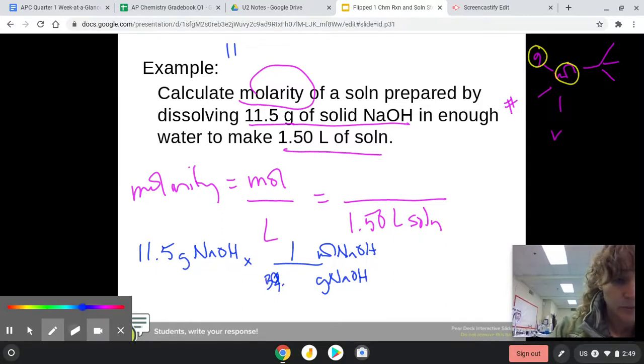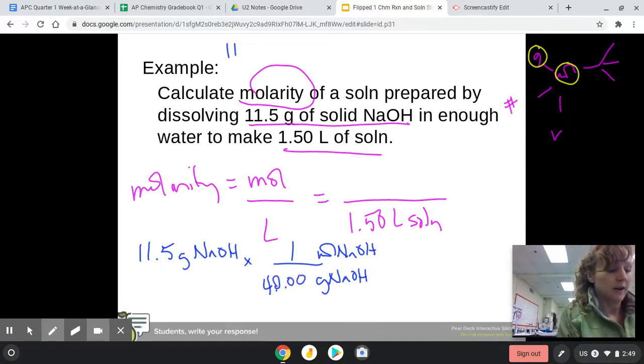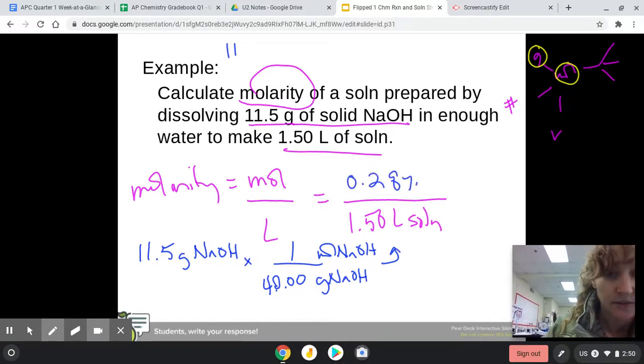All right, let's go with 4 sig figs there, so it'll give us 40.00. 11.5 divided by 40.00. I'm actually going to use the second answer so I stay as accurate as possible. That's going to get plugged in there. So 0.2875 moles of NaOH.